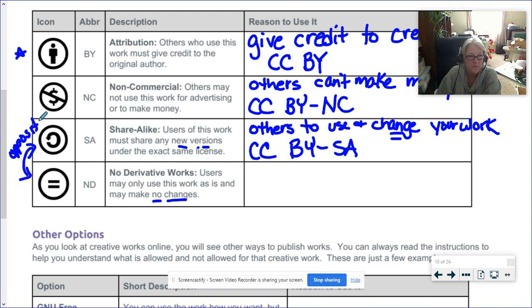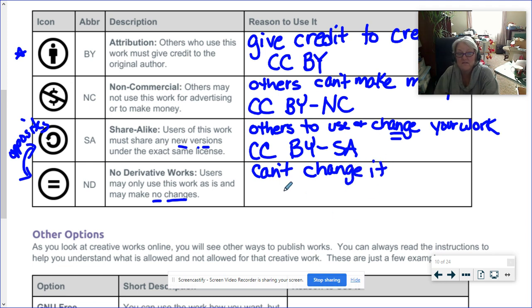I'll just say can't change it. You have to use their original. They're giving you permission. You can use it, but you cannot change it. So it would be like, I'm using Mr. Pagel's original picture, and I'm going to give him credit, and I can't alter it.